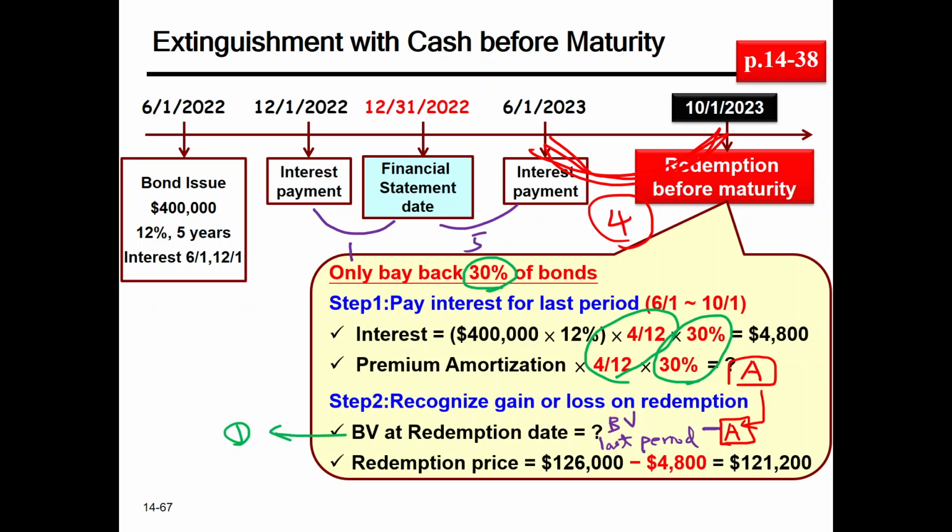What's the second number we need? Redemption price, right? So that's the second number we need. But the question told us $126,000 includes interest. So we want to find out the real redemption price. We should minus the last period's interest. How to get it? Here, right? We find out from step 1.